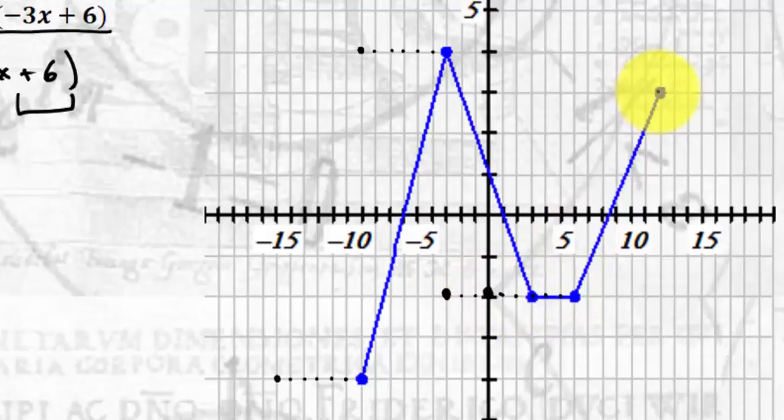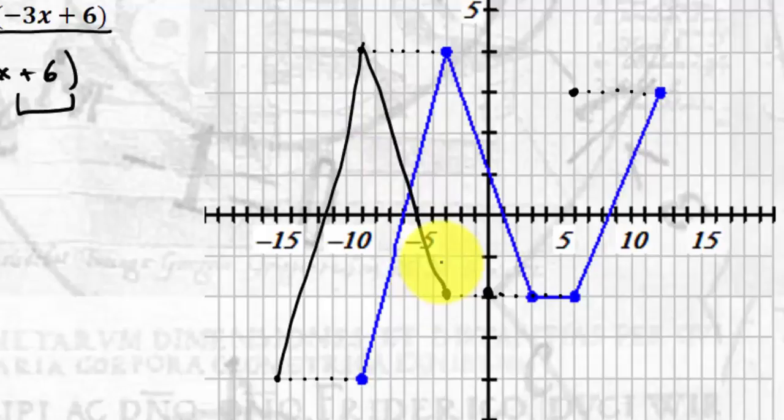And finally the last one, 1, 2, 3, 4, 5, 6. Okay, let's connect with a straight-ish line. Here we go. All right, that's my translation.